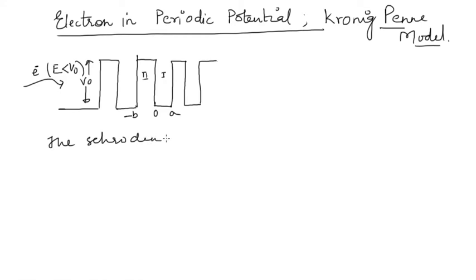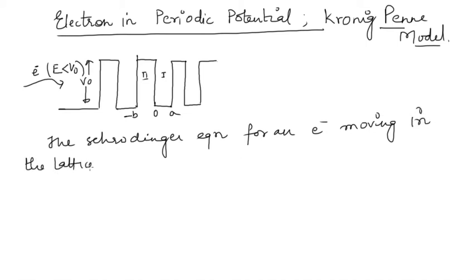In region 1, for x from 0 to a, the potential is 0.